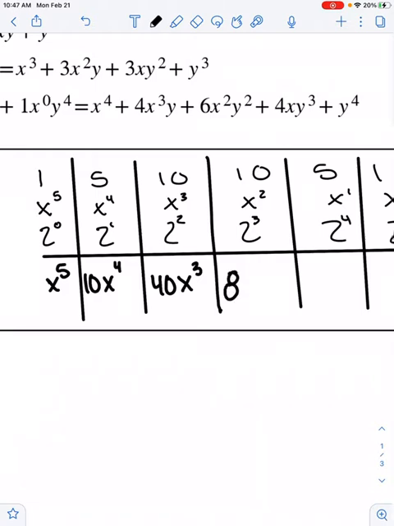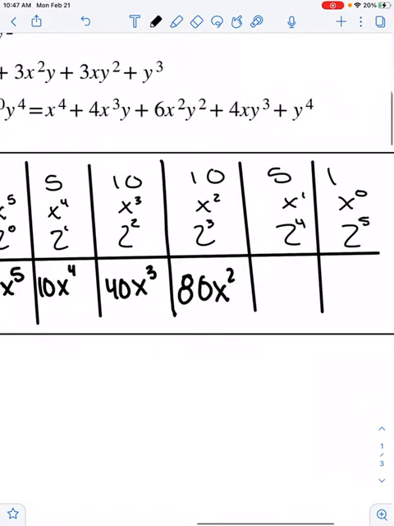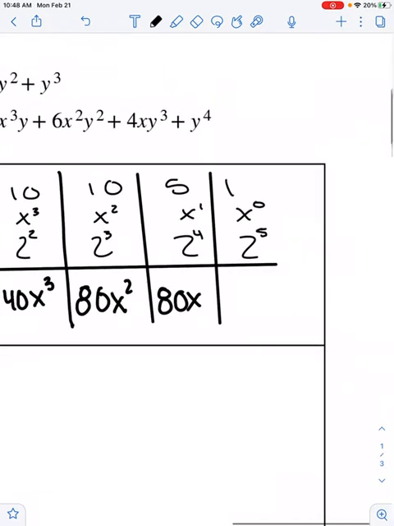2 cubed is 8. 8x squared times 10 is 80x squared. 2 to the 4th, 2 times 2 times 2 times 2 is 16, and 16x times 5 is 80x, and then 2 to the 5th is 32, x to the 0 is 1, so 32 times 1 times 1 is 32.